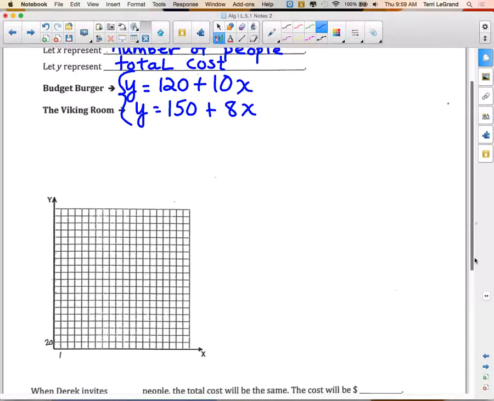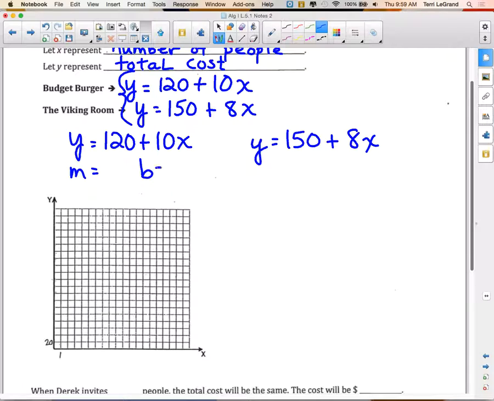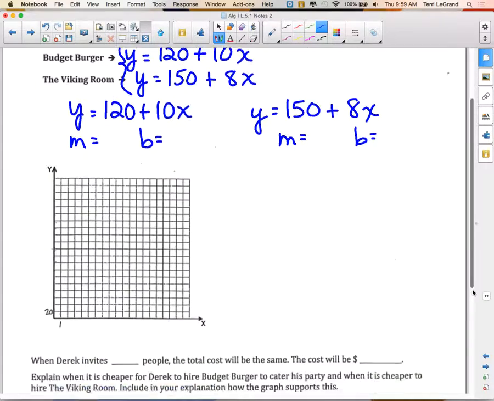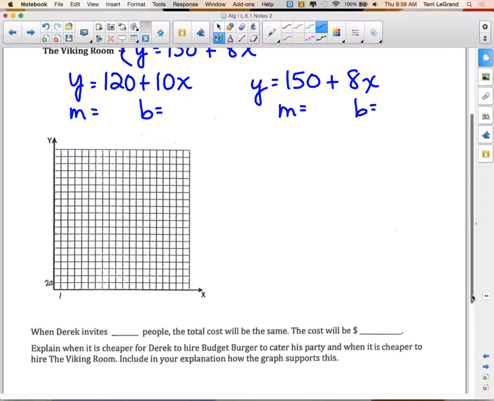Yeah, so let's just get their Y's and M's identified. Or they're B's and M's. And if you're starting to graph this one, you might regret it because this is going to be a little tricky.